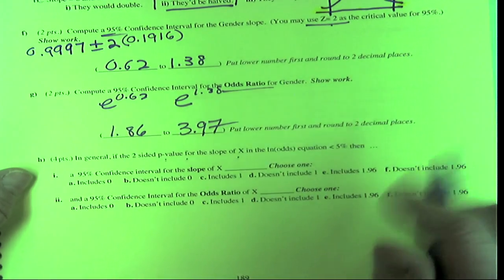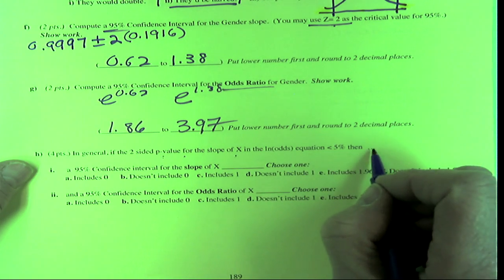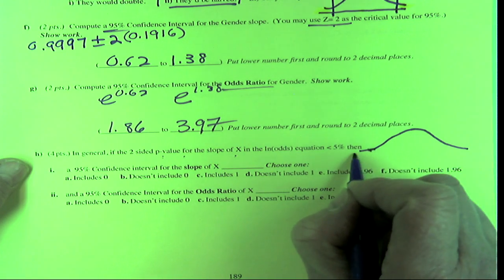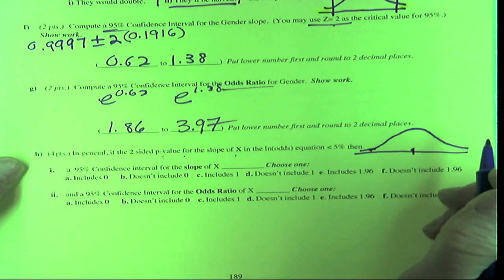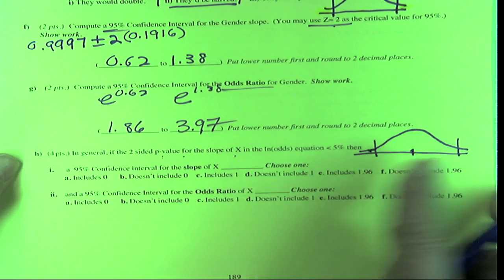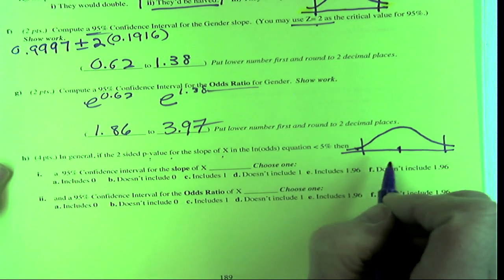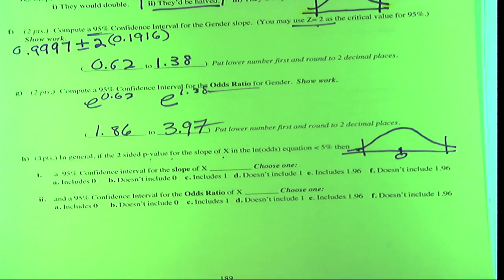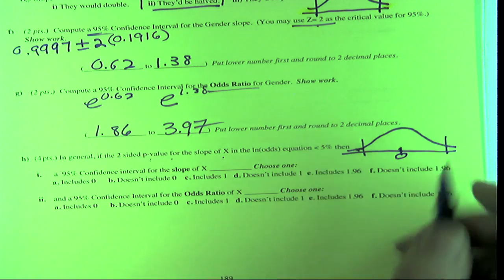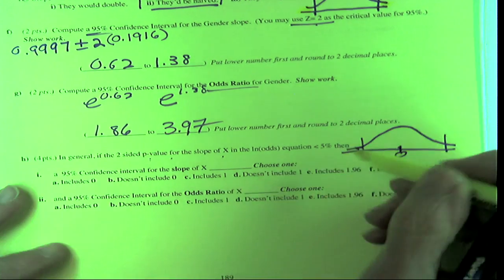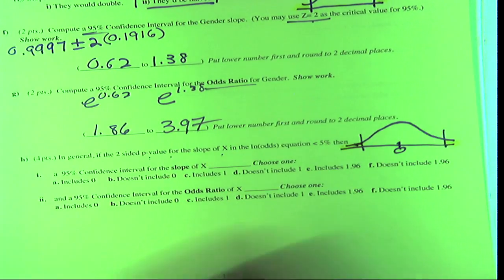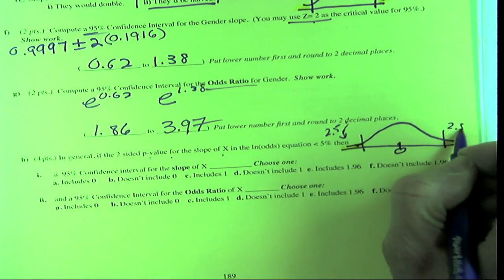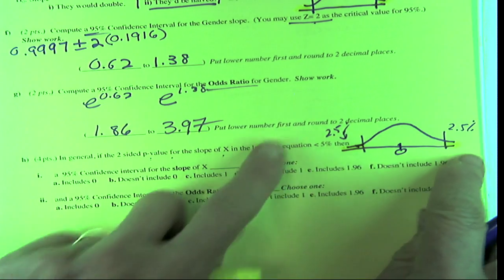We're testing whether the slope is 0 or not. If it's significant two-sided, that means we got some slope, when we convert it to z-scores, that's outside of between 2 and -2, where this is 2.5% and that's 2.5%.